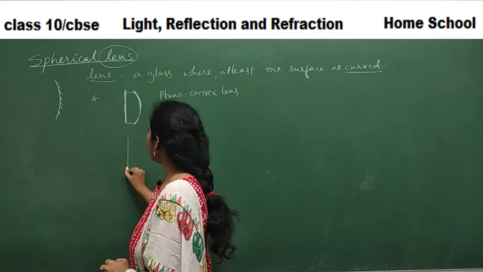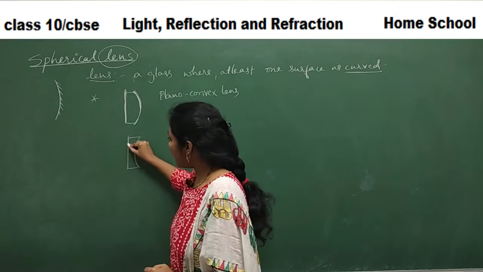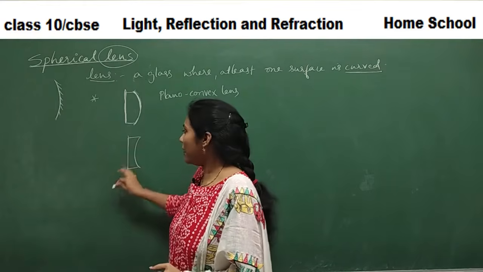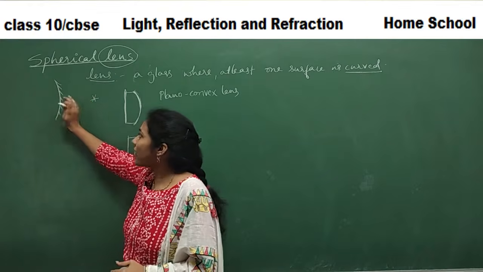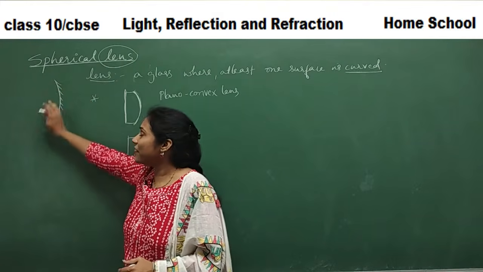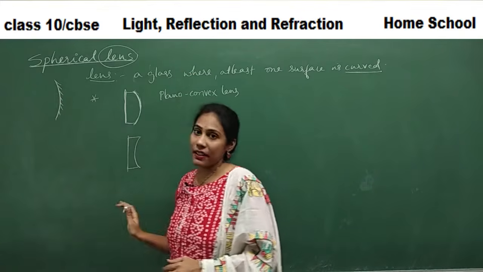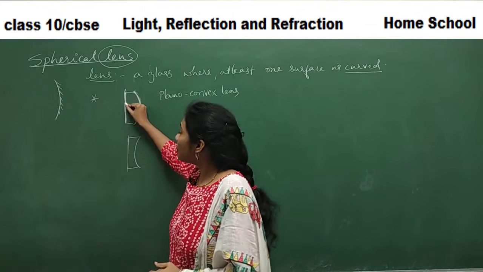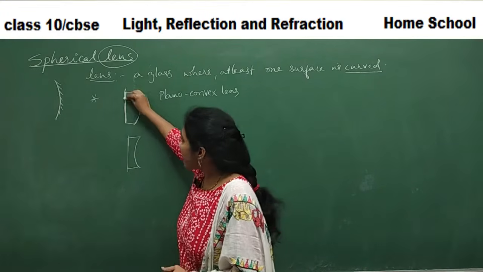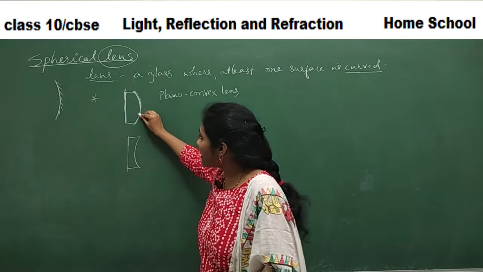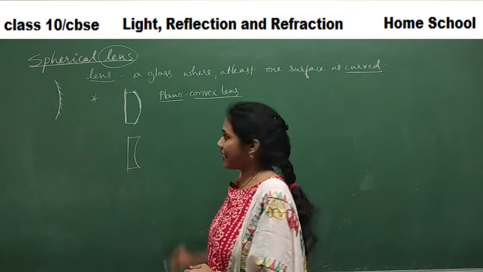If one side of a glass is polished, then that is called a mirror. This is the difference between a lens and a mirror, guys. In a lens, not even a single side is polished. Here, this side is plain and the other side is curved outside. That's the reason it's called a plano-convex lens.